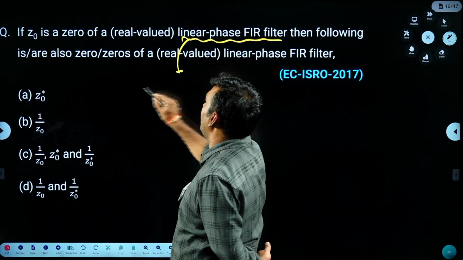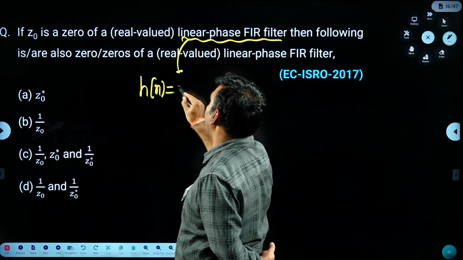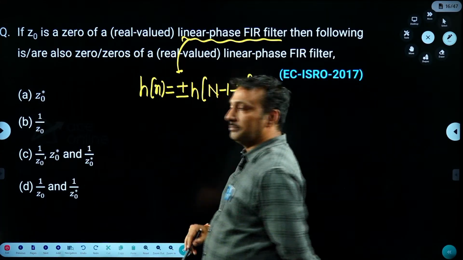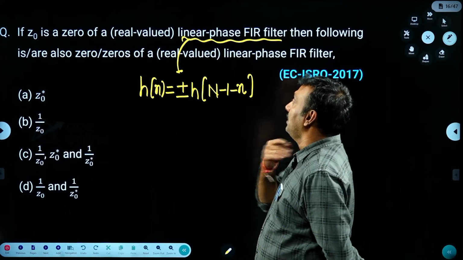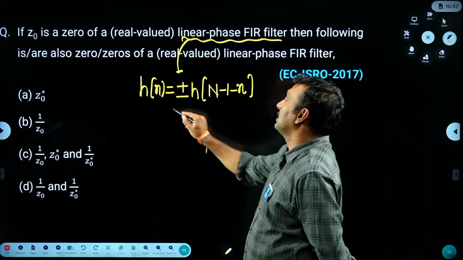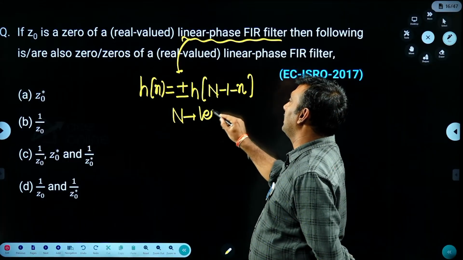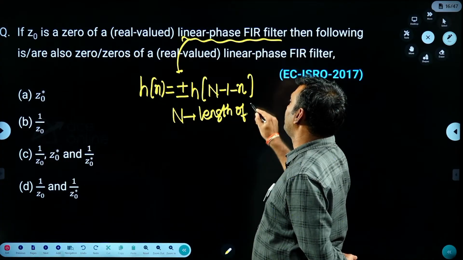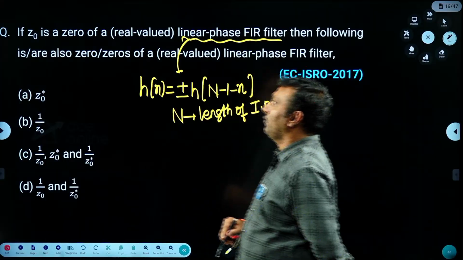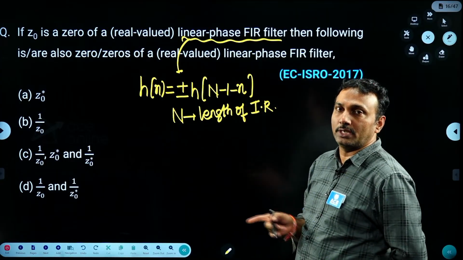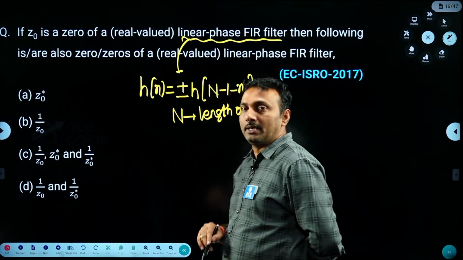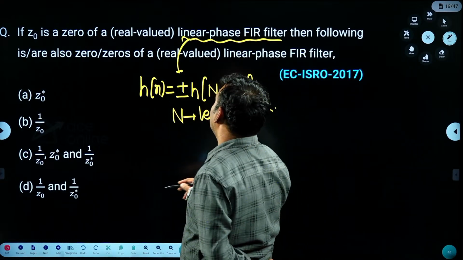Linear phase general meaning is obeying either symmetrical or anti-symmetrical impulse response in the case of FIR filter, where n is the length of impulse response. So for a linear phase FIR filter, whenever Z0 is a zero, Z0 inverse is also a zero.